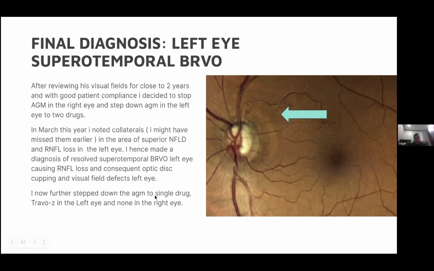So I've now stepped down the anti-glaucoma medication to a single drug in the left eye and none in the right eye. This is effectively a one-time episode, not a continuing case of glaucoma. But I haven't stopped his medication completely because this disc is definitely now at risk, because it has suffered an ischemic insult. So I just continued on one anti-glaucoma medication.